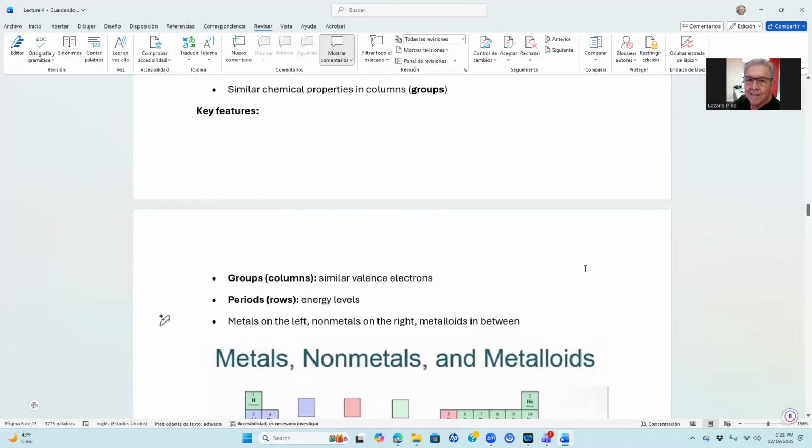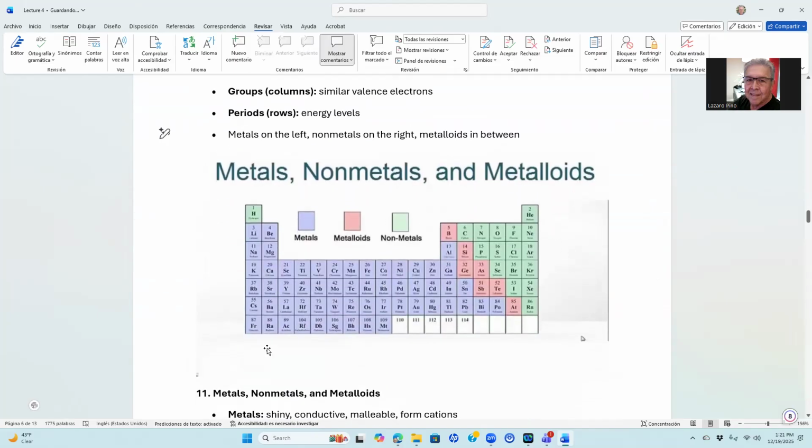Look, this is the periodic table. You can see that you have columns. The columns are the groups. You have periods. The periods are the rows.